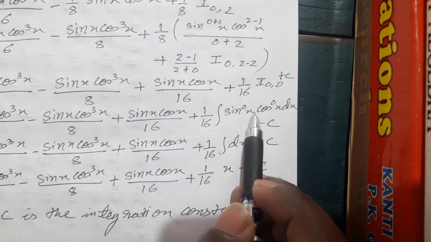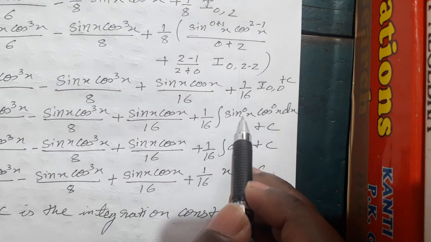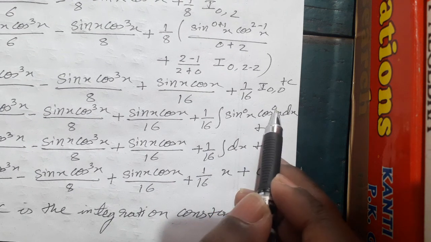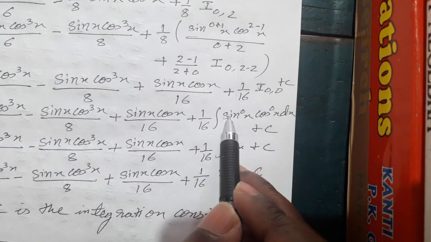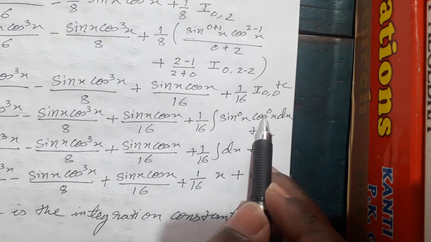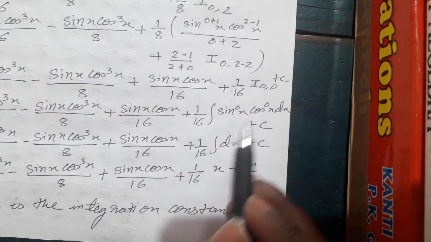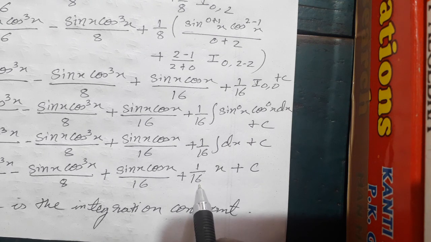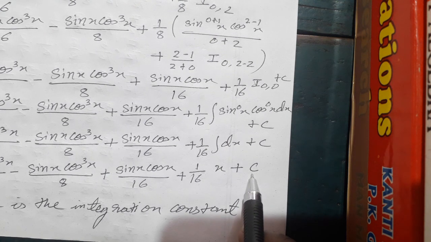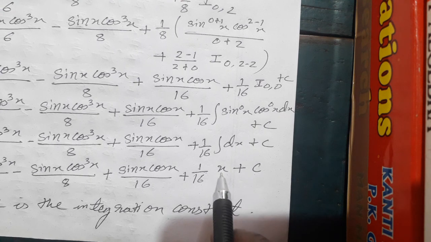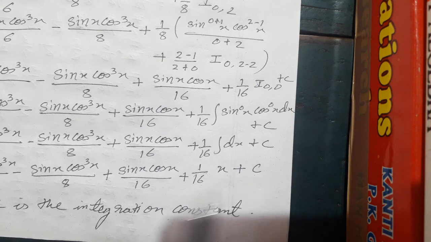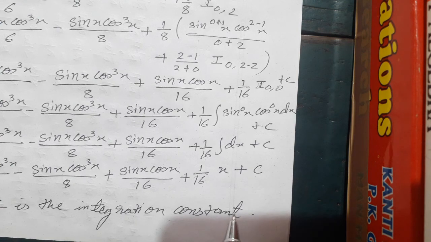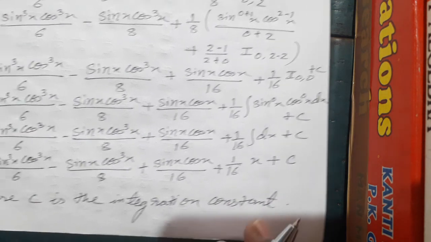Here I 0, 0 is nothing but the power of sine as well as cos being 0. So both parts give 1, and we have to integrate only dx. If I integrate dx, I get x. So we have 1 by 16 x plus the integration constant c, since it is an indefinite integral.